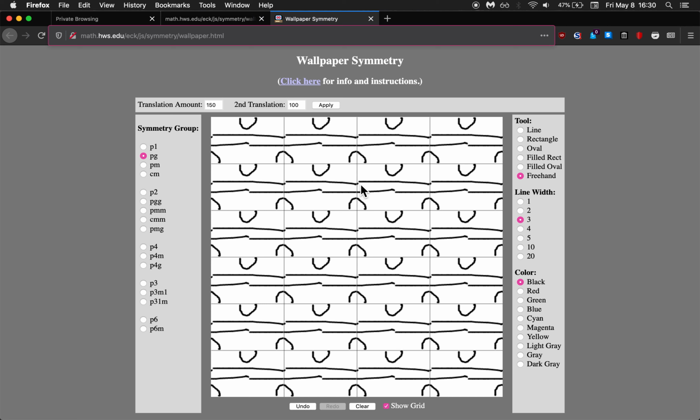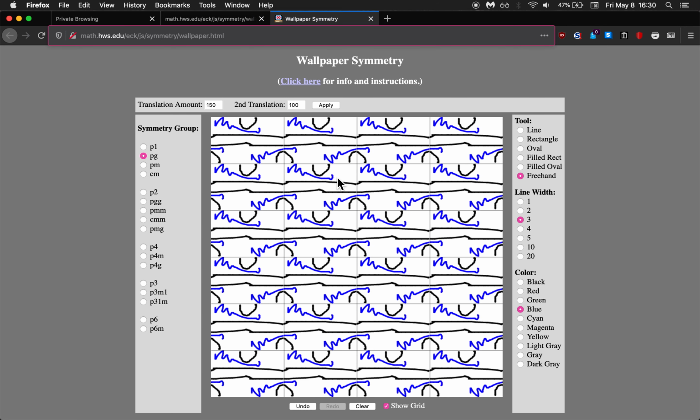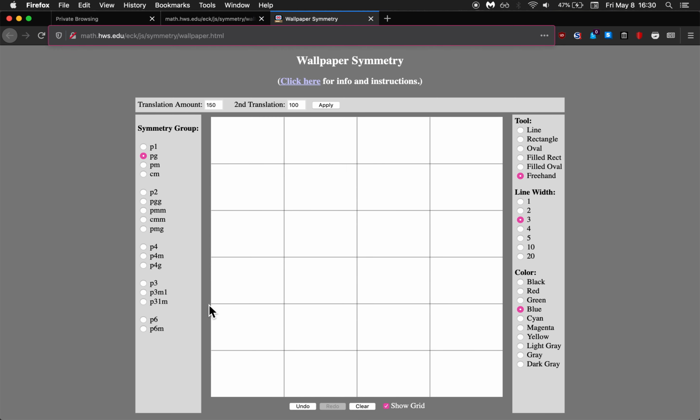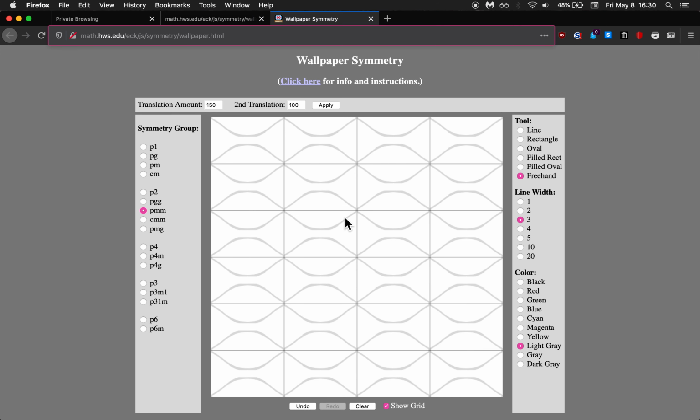Nothing terribly fancy. And I get a wallpaper pattern with the symmetry group of what I picked. Again, I haven't gone through the categorization of this, but it's a fun little thing to play around with the different kinds of symmetry that you can get for wallpaper groups.